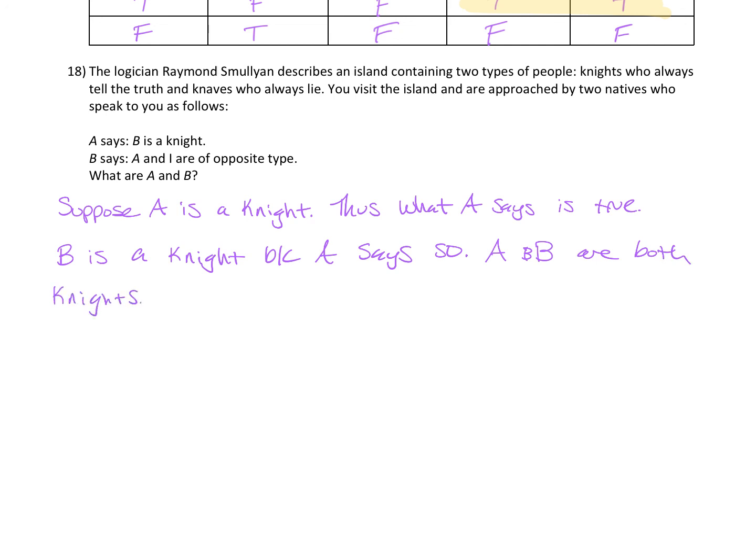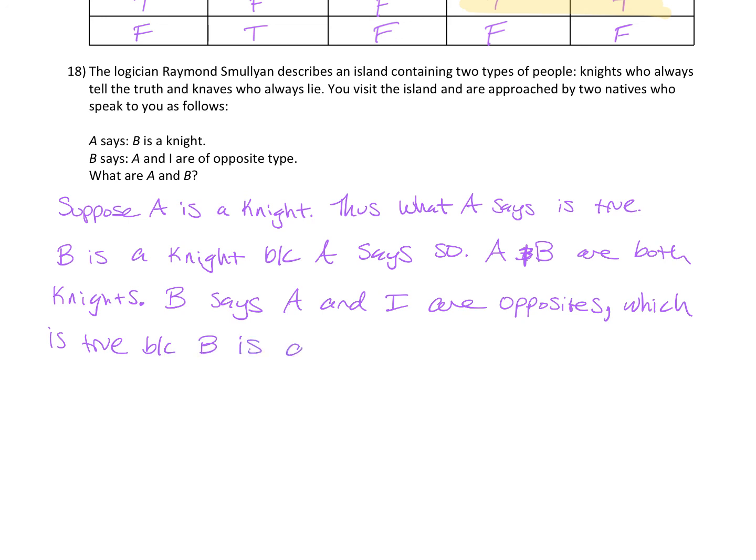However, B says A and I are opposites. That contradicts the conclusion we just came to, that A and B are both knights. And if B is a knight, then what he says is true. B says A and I are opposites, which is true because B is a knight.